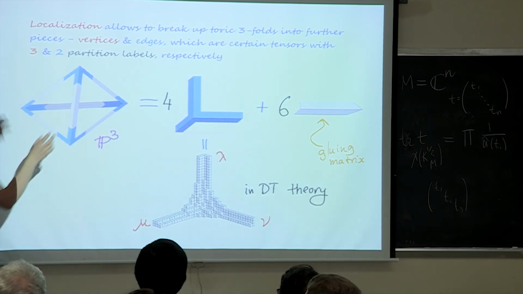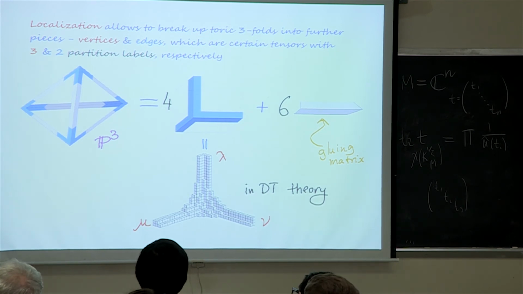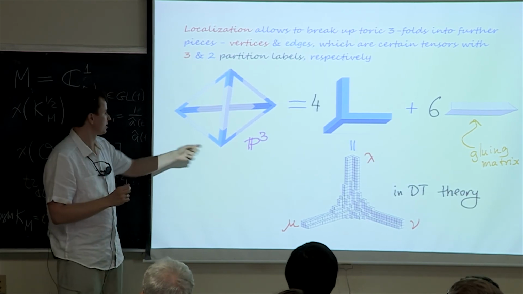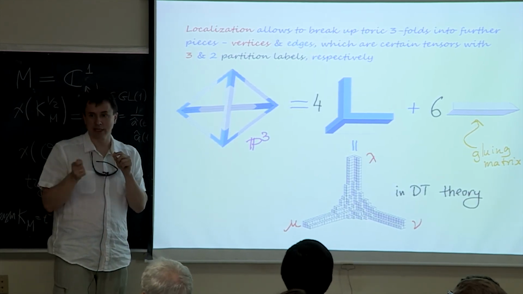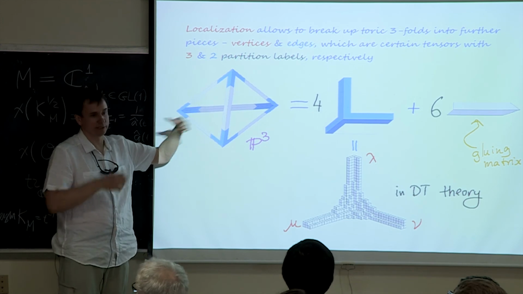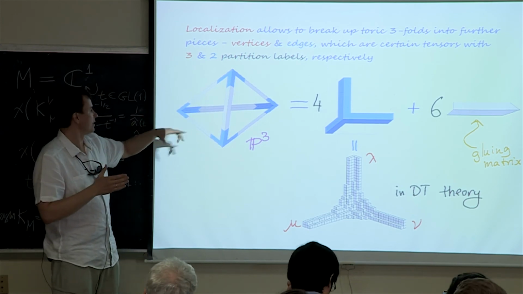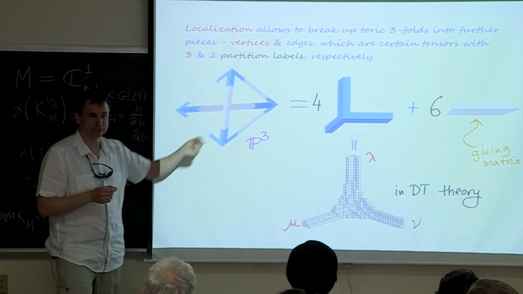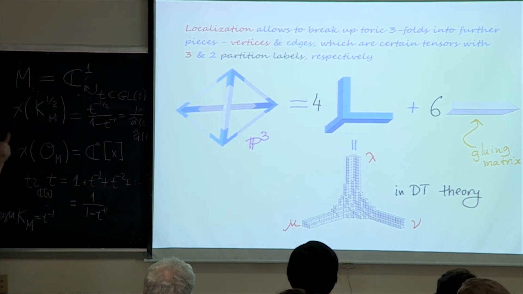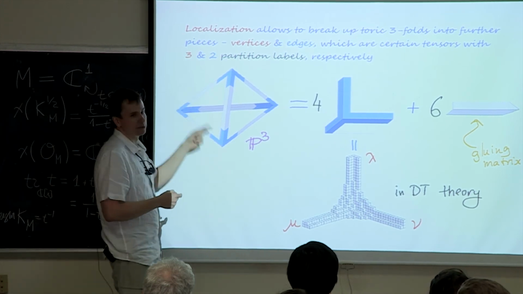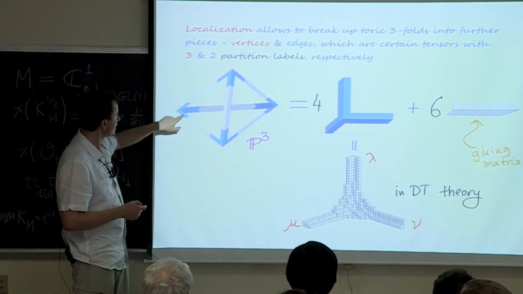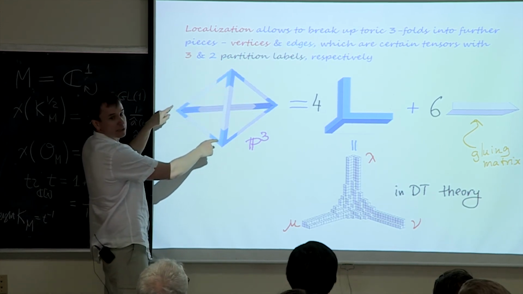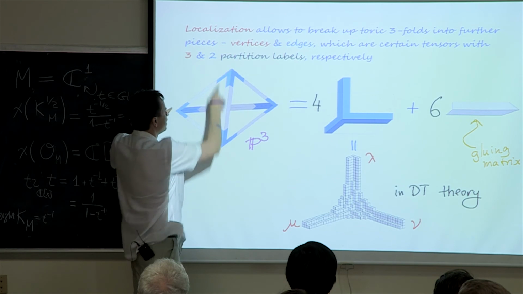It looks like a polygon in that it has strata which are tori of different dimensions, where the complex dimension is the same as the real dimension of that stratum in the polytope. P3 has 4 fixed points corresponding to 4 vertices, and 6 torus fixed lines joining those vertices. So the corners of that polytope are the 4 torus fixed points on P3, and the edges are the lines that join them.